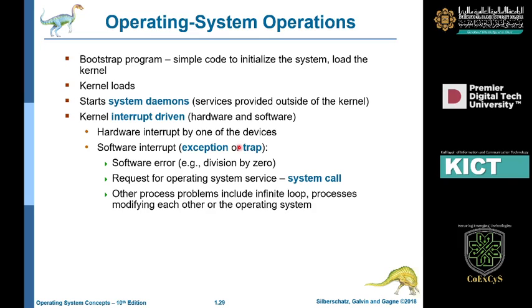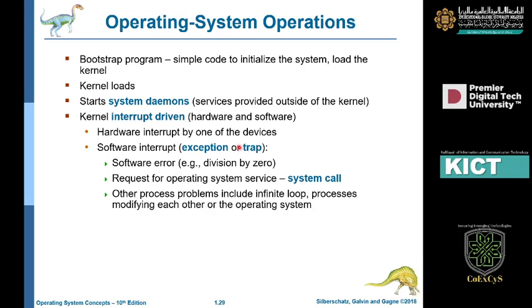The kernel itself is interrupt driven for all hardware and software. Devices issue hardware interrupts, and software issues exceptions or traps, so that it knows when to interrupt the CPU to do certain things.